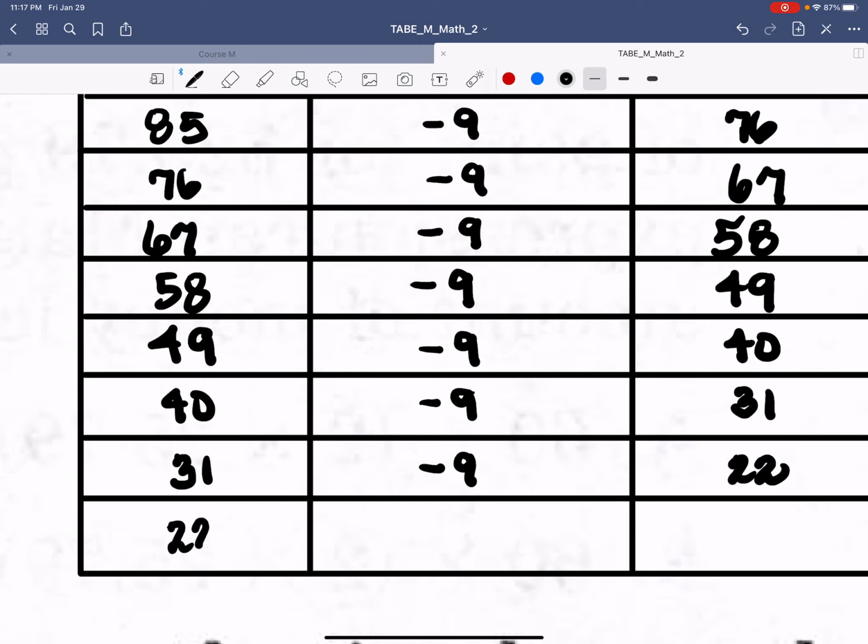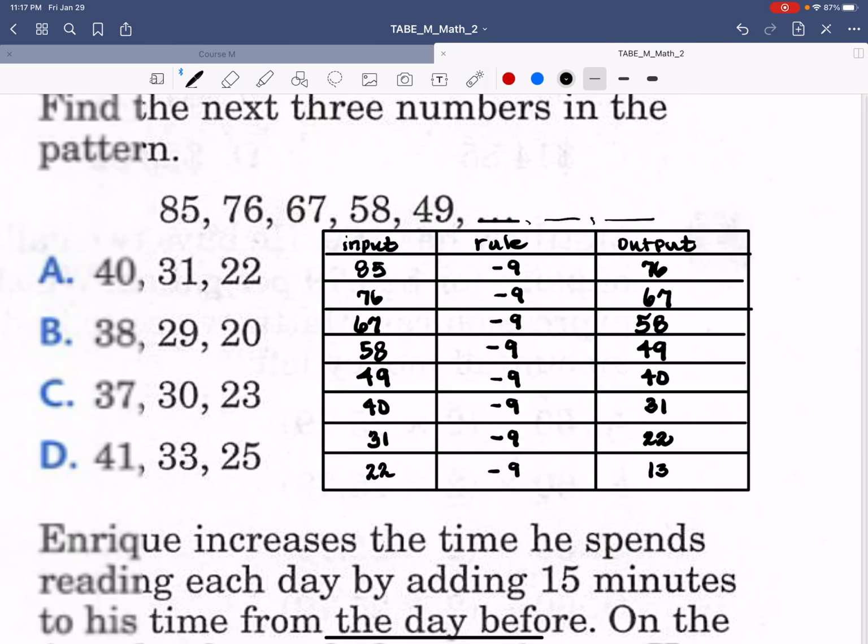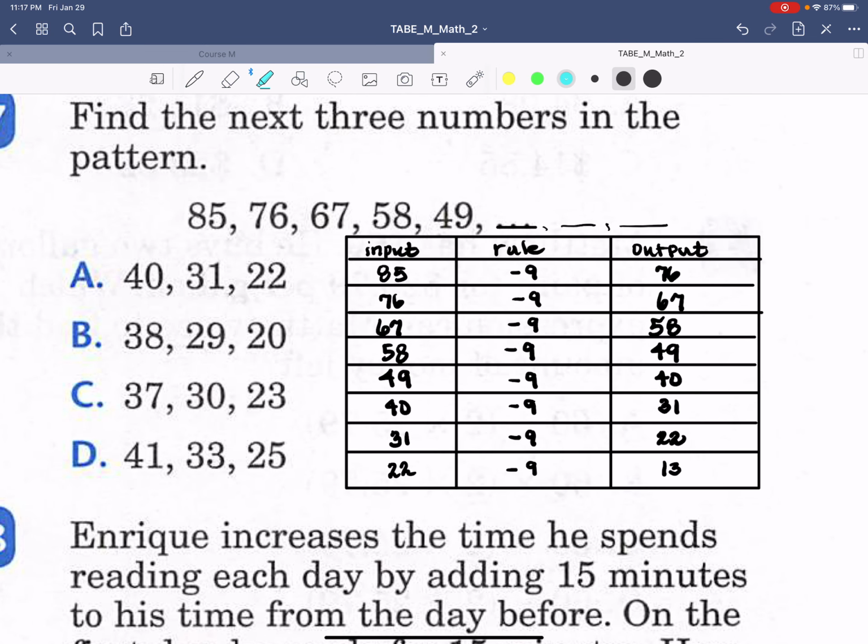And 22 minus 9 is 13. So could we have our answer here? 40, 31, and 22. And we do. It's right here.